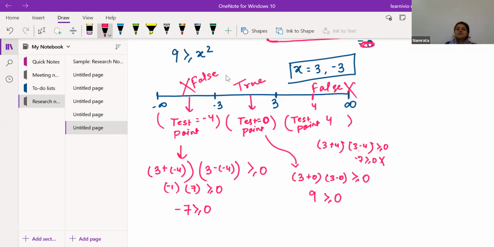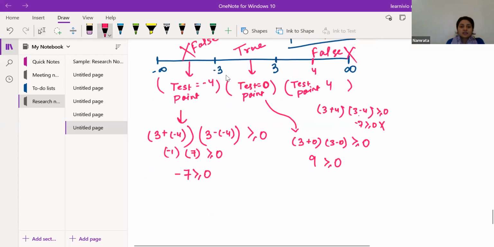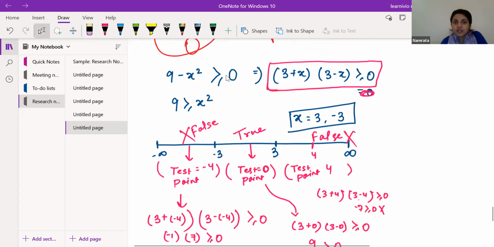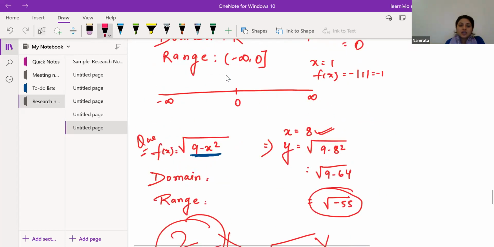So as we can see from here, we got that x will lie in between -3 to 3. We can also see the end point, that is -3. If we substitute -3 over here, that will be 9, 9 minus 9, 0. F of x will be 0.